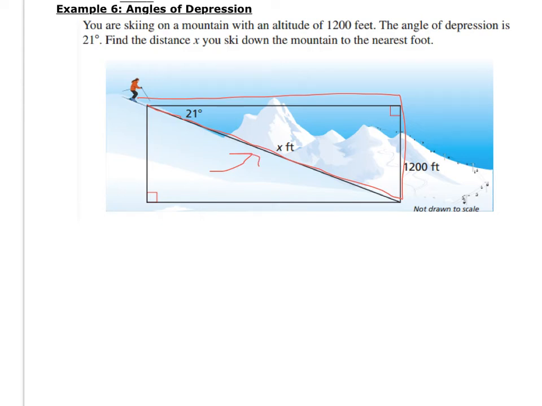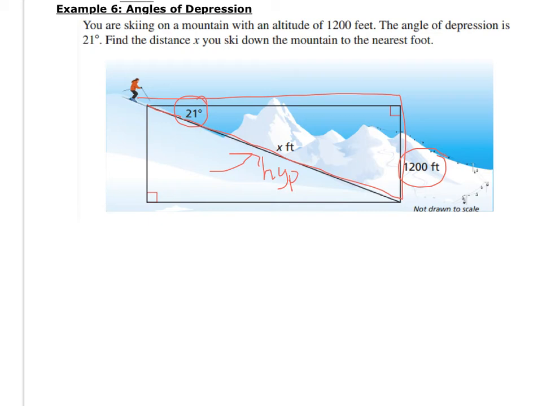Well, I need to figure out what are these parts of that right triangle that is formed. Well, isn't the x, isn't this part here, the hypotenuse? So I'm finding the hypotenuse. Well, I need to figure out the other information. Here's my angle measure right there. And this 1,200 feet is one of my legs.